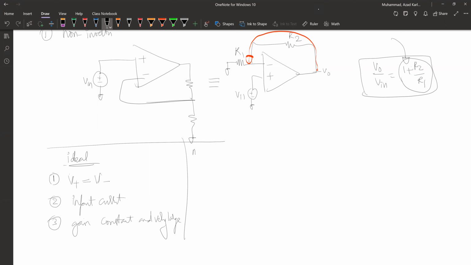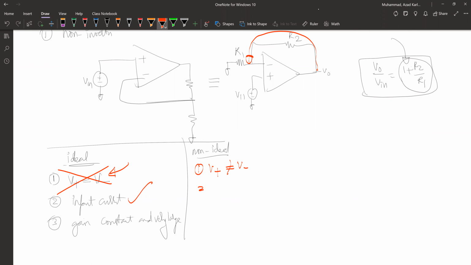For the non-ideal case, the first one is no longer valid, because this only happens when the gain is very large, constant, infinite. So V plus is no longer equal to V minus. We cannot make that assumption.